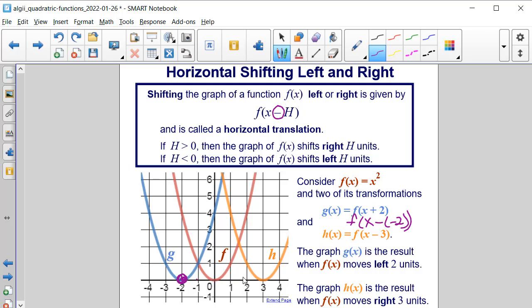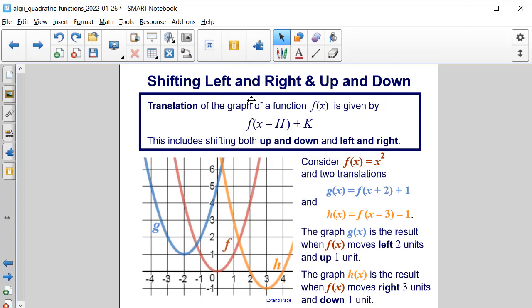So we went 1, 2, 3 units to the right because 3 is a positive number. So again, the graph of g of x is the result when f of x moves to the left 2 units because minus a negative is equivalent to adding a positive. And the graph of h of x is the result when f of x moves to the right 3 units.